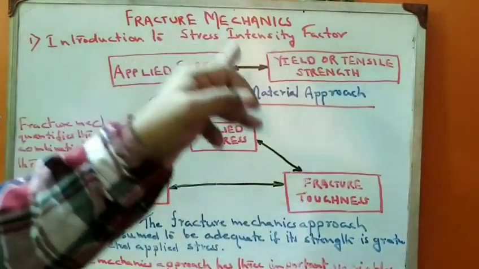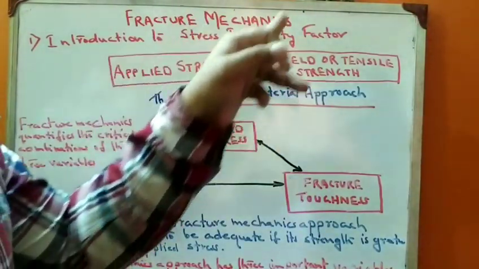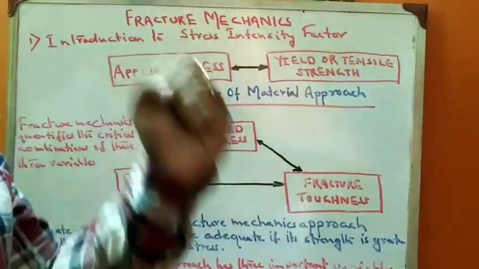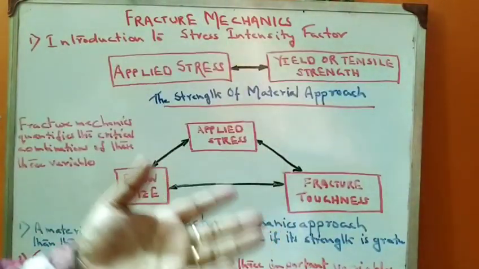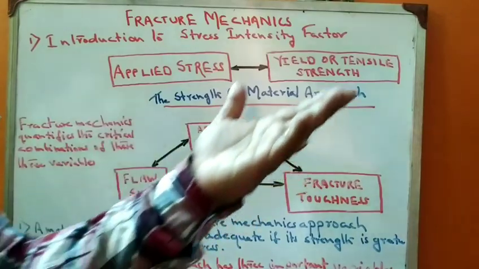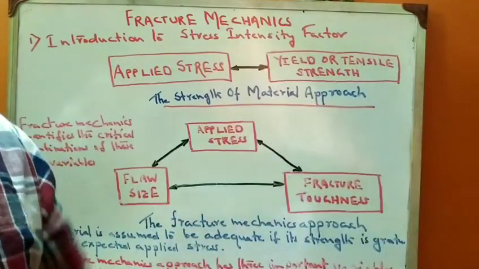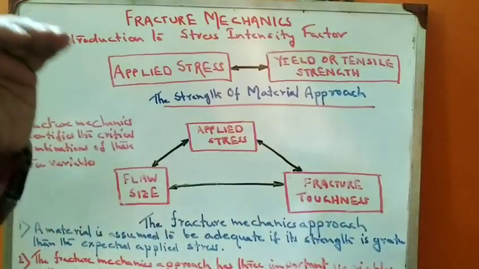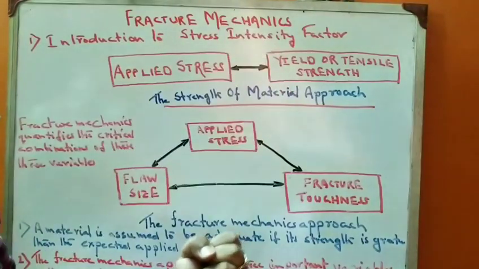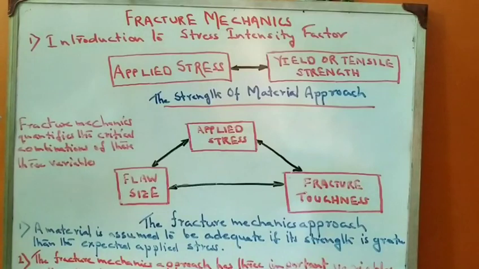If the applied stress is less than the yield strength for a ductile material, or the ultimate tensile strength, UTS, for a brittle material, then the material is considered safe. That is according to the strength of material approach.